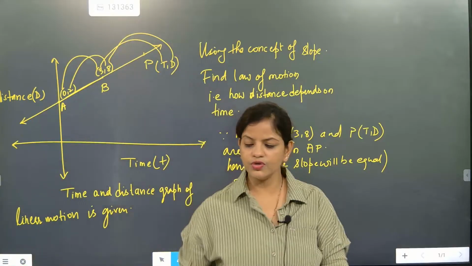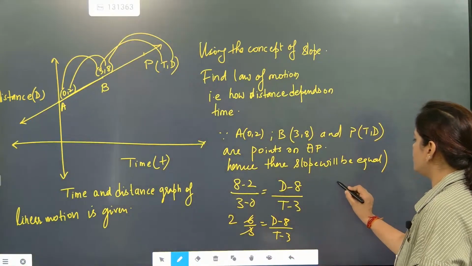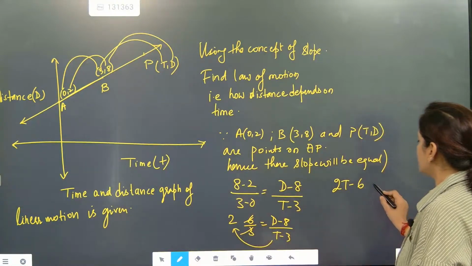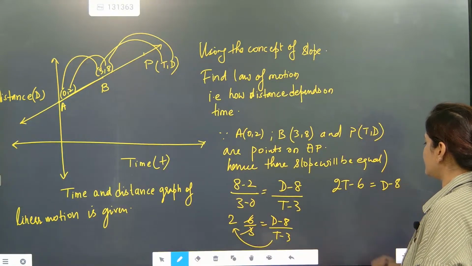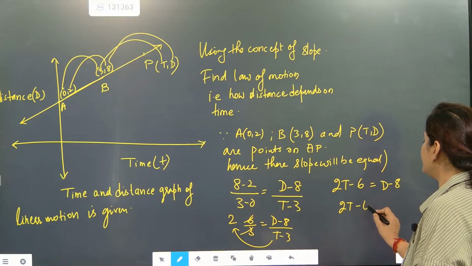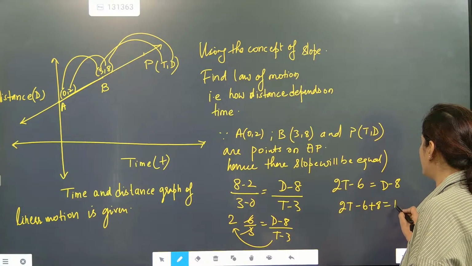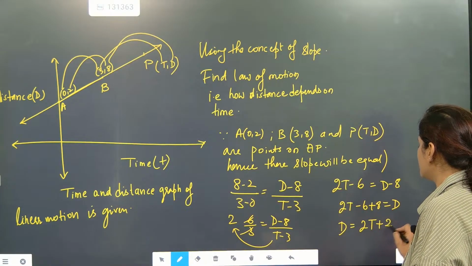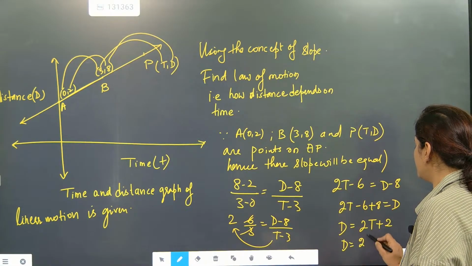Cross multiplying, 2t minus 6 is equal to d minus 8. Now 2t minus 6 plus 8 is equal to d. So d is equal to 2t plus 2, that is d is equal to 2 into (t plus 1).